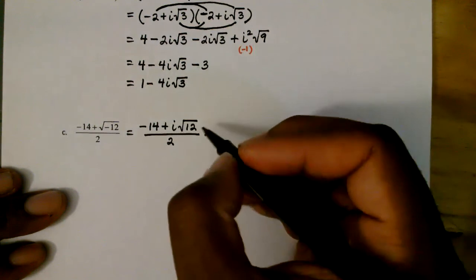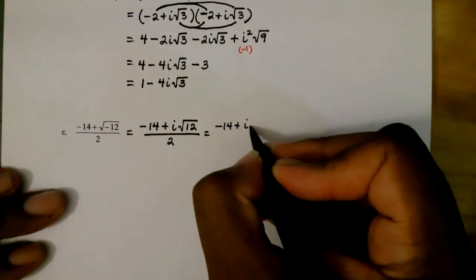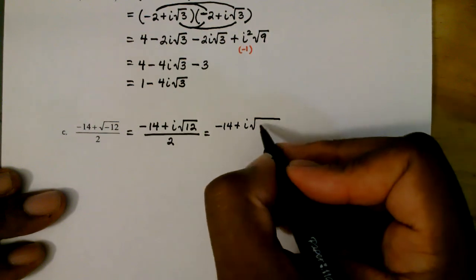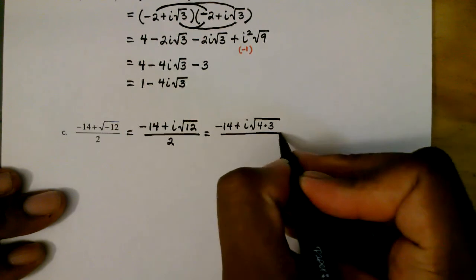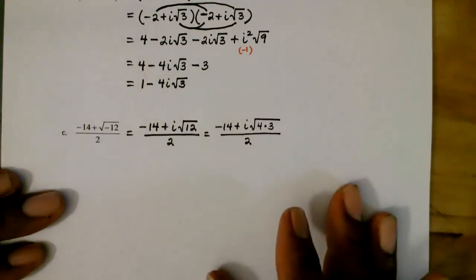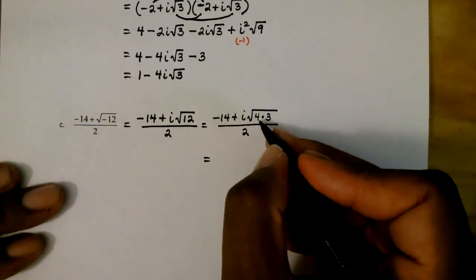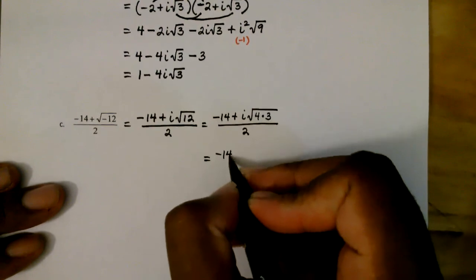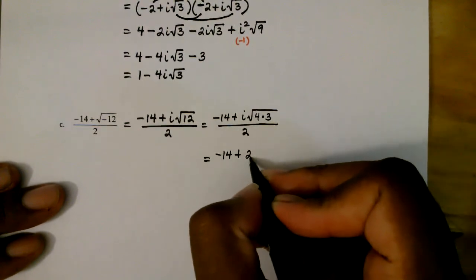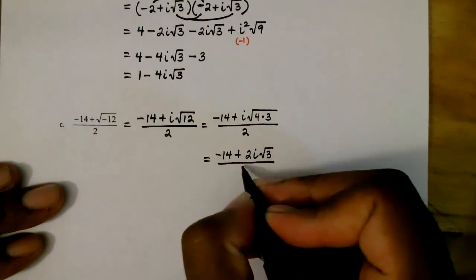In this case, it'll have to be 4. So I'm going to bring negative 14 plus i times, rewrite the square root of 12 as the square root of 4 times 3, all over 2. And of course, the square root of 4 will be 2. So I have negative 14 plus the 2 comes out with the i, and then square root of 3, all over 2.